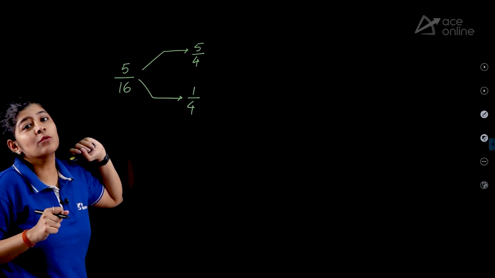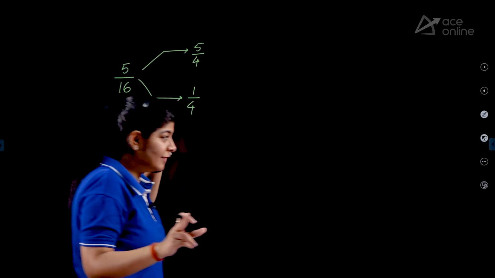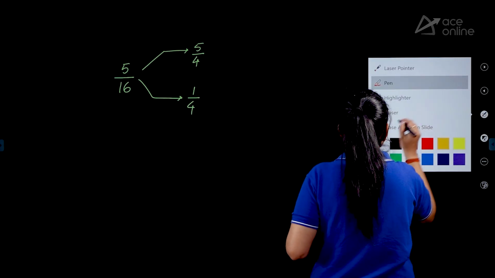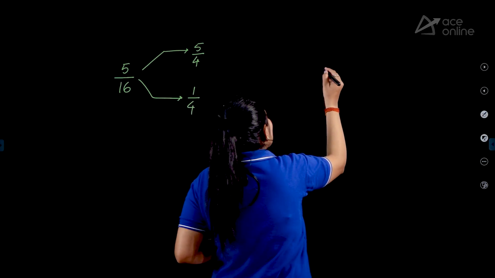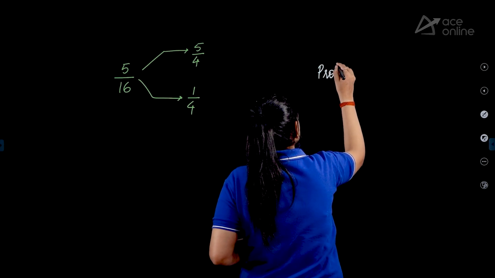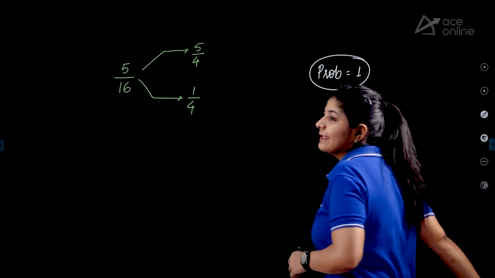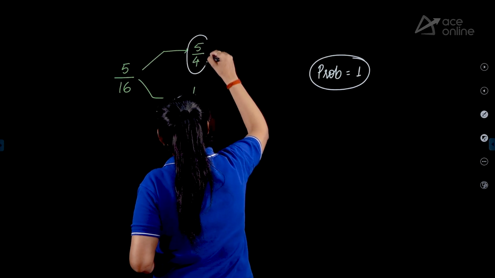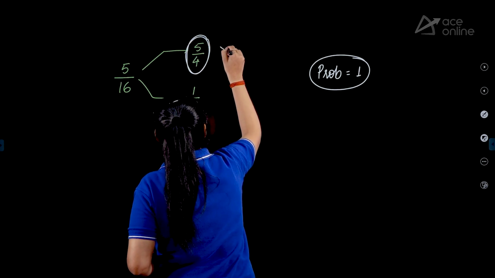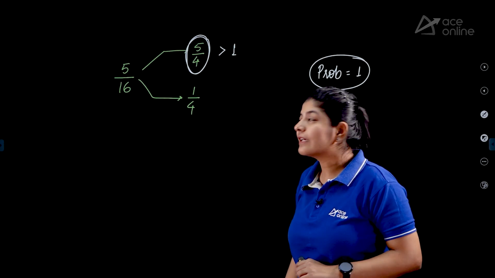Yes, we can do that. But here we are talking about probability, and we know that the maximum probability we can have is equal to 1. And this value is greater than 1.